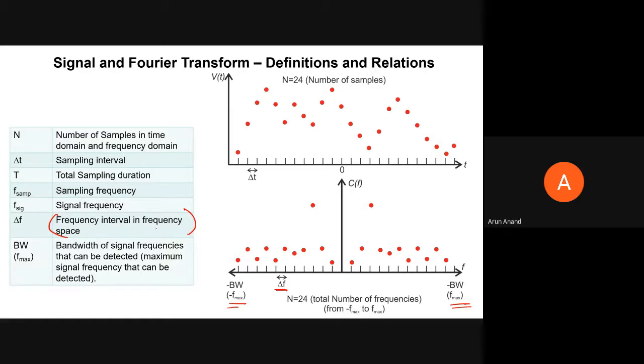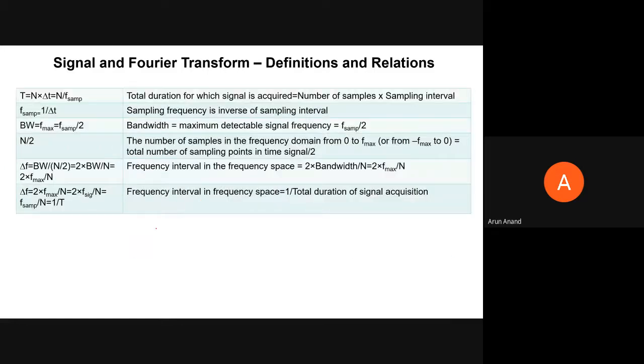Now for your frequency space, delta f and delta t are related. I'll just go a little bit fast here. Your delta f is nothing but 2 into f maximum divided by the number of points, or you can just say that it is 1 by capital T, where capital T is the total time, or space also, for which the signal is acquired.